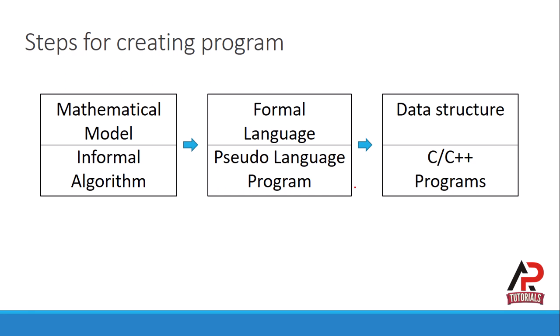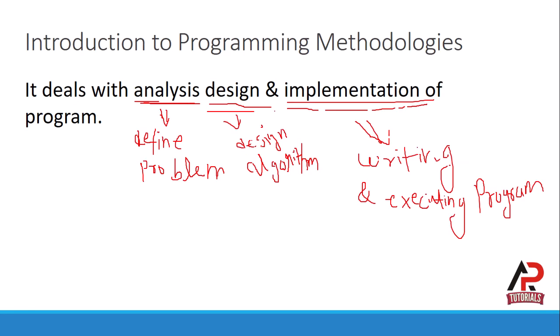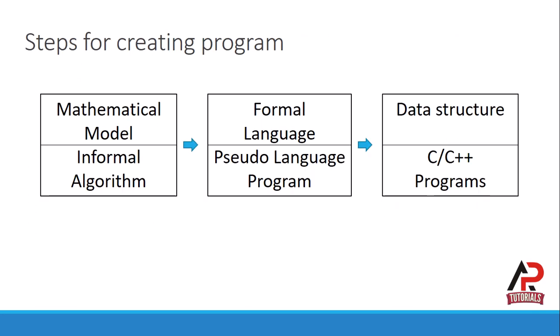After that you need to design the algorithm. And after that, implementation means writing and executing the program. The writing and executing will be done using data structures in C or C++ programs. So this is a way to create a program.